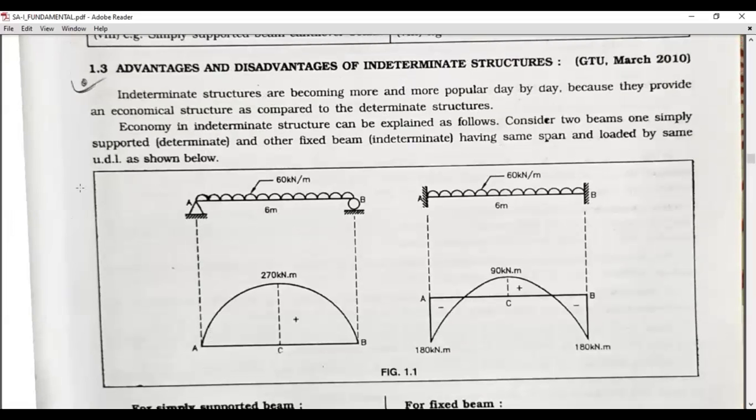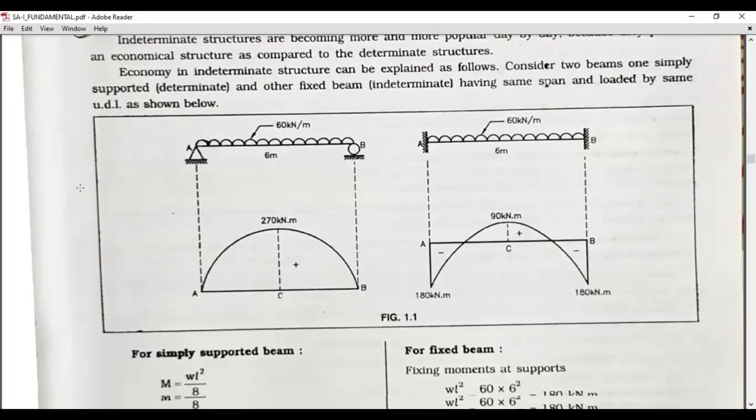Economy in indeterminate structures can be explained as follows. Consider two beams, one simply supported and another a fixed beam, having the same span and loaded by the same UDL as shown in the figure.